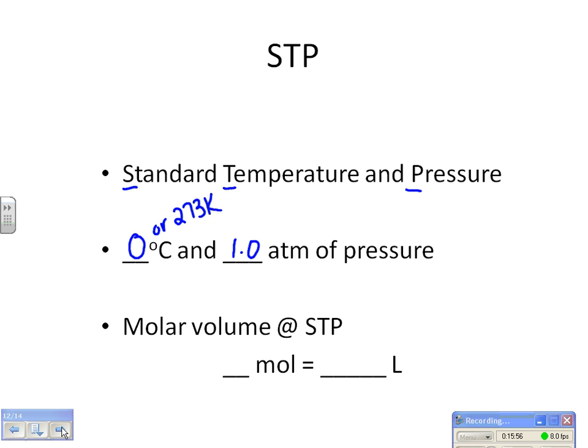And it's important to know that 1 mole of any gas at STP will occupy 22.4 liters. Memorize that. 1 mole of any gas at 0 degrees Celsius and 1 atmosphere of pressure occupies a volume of 22.4 liters. That's a large volume. That is 12 2-liter bottles of soda.